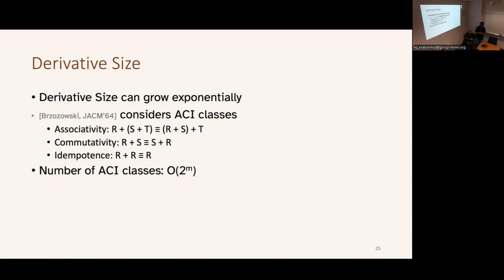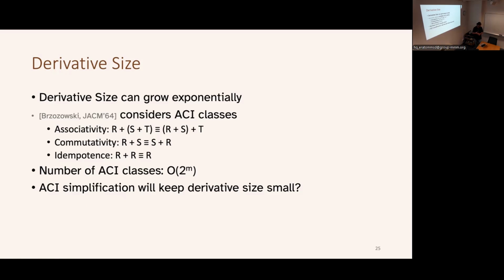But Brzozowski was primarily concerned with showing that this DFA can be computed, and that there are indeed finitely many such classes. And then we know that there are this many possible classes, which is unavoidable. But the other question is how big are these expressions? I don't know the answer.